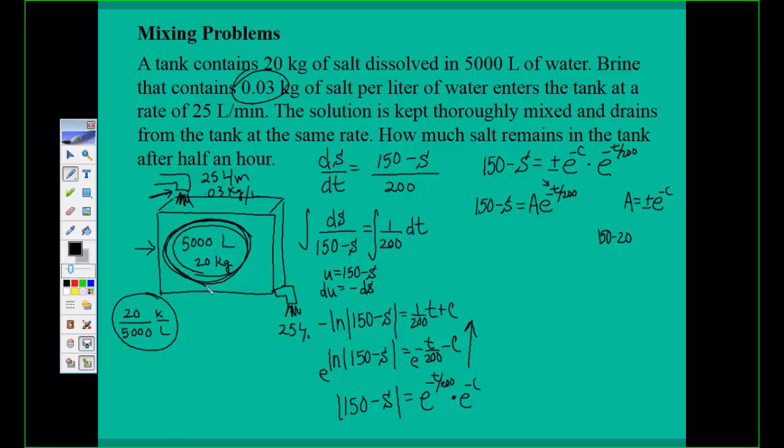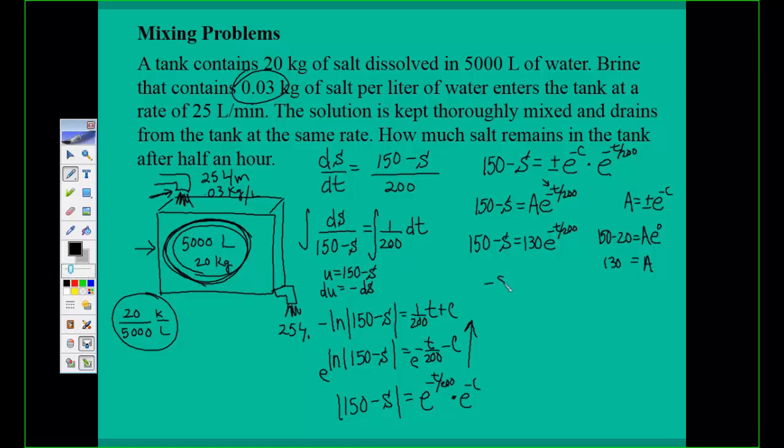So we'd have 150 minus 20 equals A. Now if we plugged 0 in for t, we'd have A e to the 0. So A equals 130. So we have 150 minus S equals 130 e to the negative t all over 200.